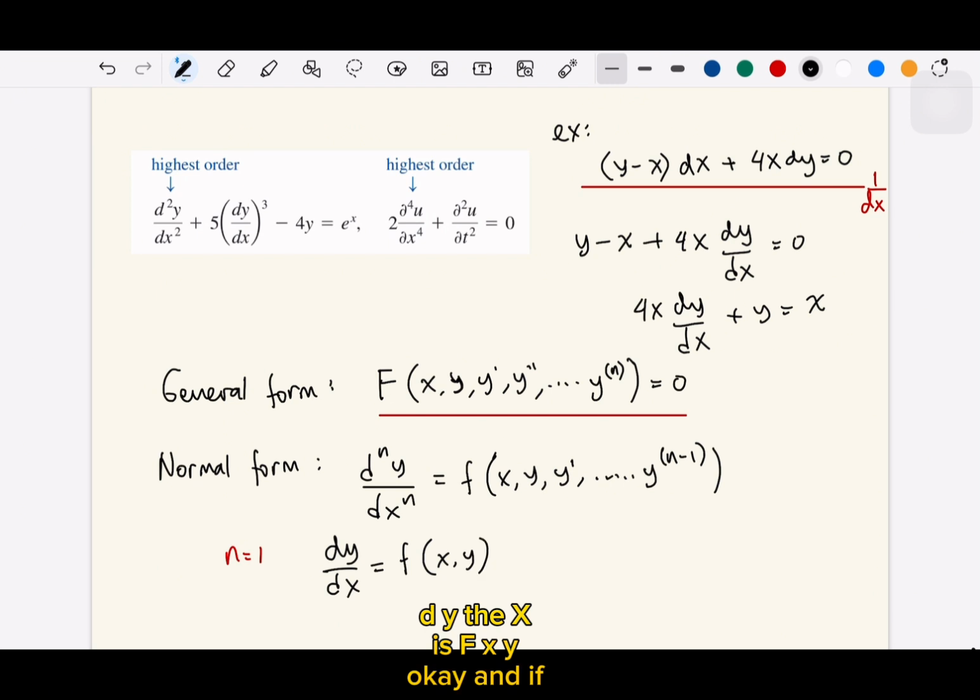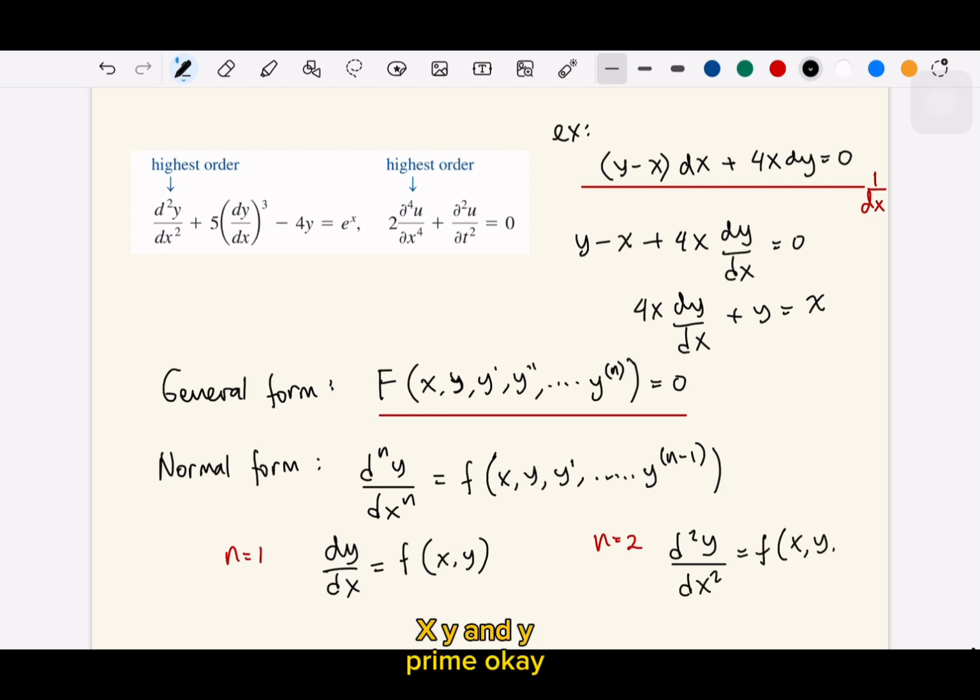Okay, and if n equal 2, it means that it is a function of x, y, and y prime. So this is what we call classification by the order: the first, second, third, fourth.